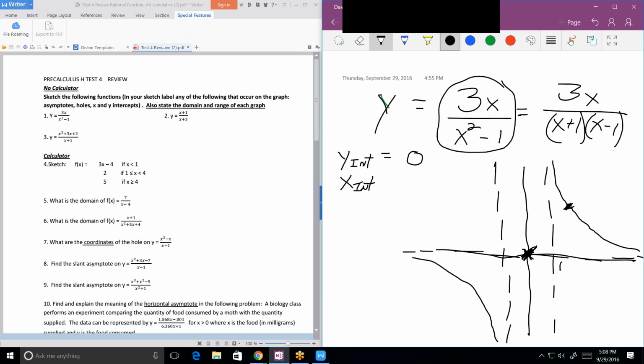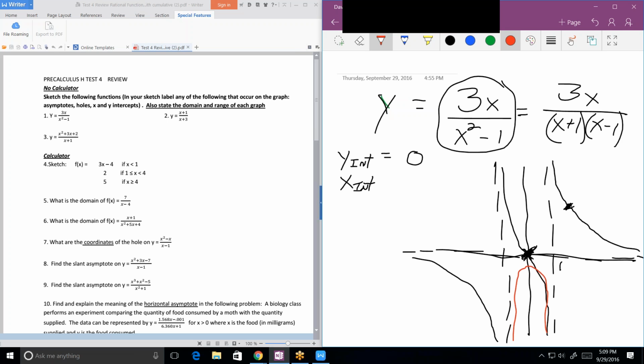Now, there's 2 possibilities for the middle, generally, with these. Almost every one you're going to get, there's going to be 2 possibilities. One possibility is where it does that. The other possibility is where it doesn't get all the way up to the x-axis, it turns around and comes back down like that.